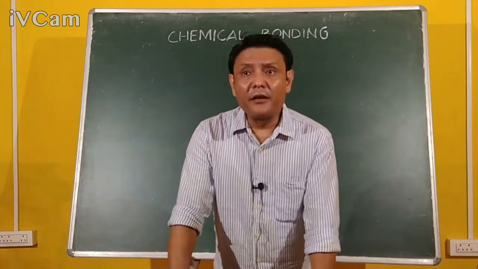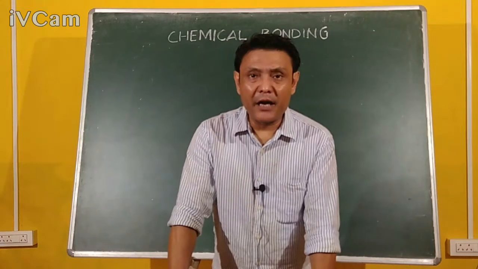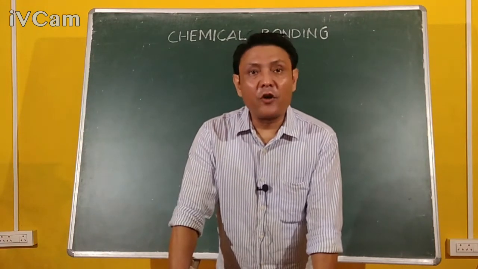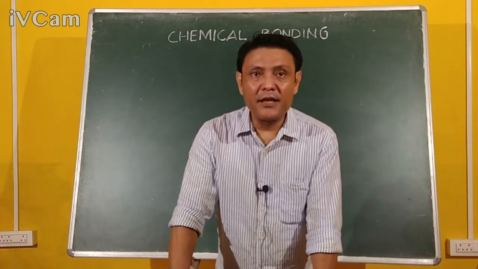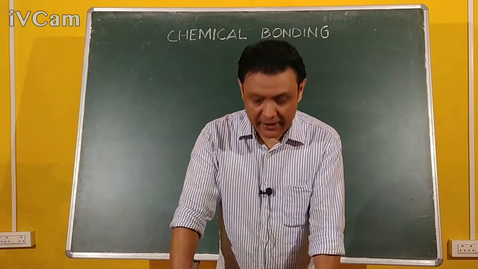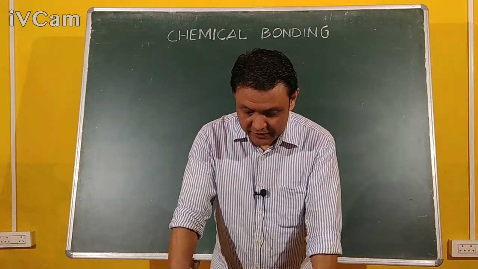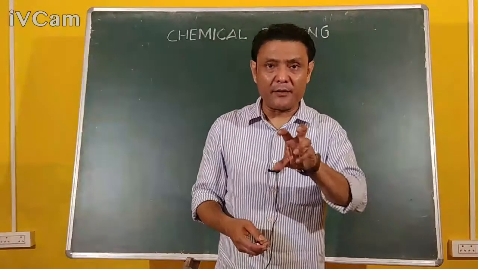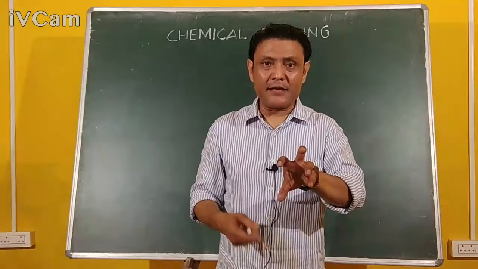Now, the three subatomic particles in an atom are the protons, the electrons, and the neutrons. Protons are positively charged particles, the electrons are negatively charged particles, and neutrons do not have any charge. There is a force of attraction between the nucleus, where the protons exist, and the electrons.